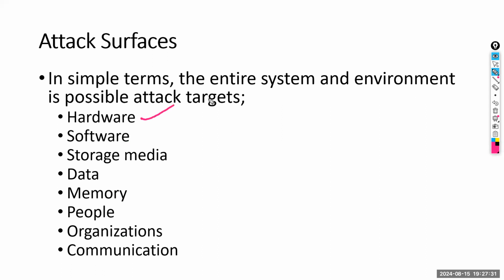Of course, the attack may be on hardware. You're thinking of all those security measures, and maybe you don't lock the server room. So what about someone breaking into your server room and destroying the server or taking the server with all the data physically? So that is an attack surface: hardware.